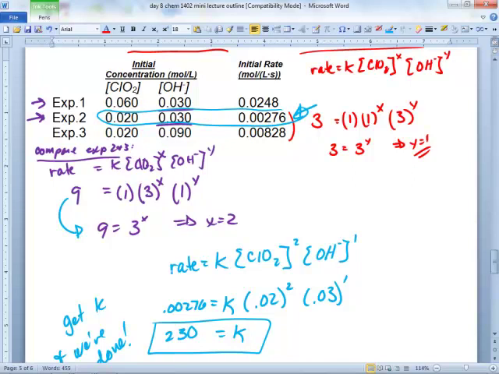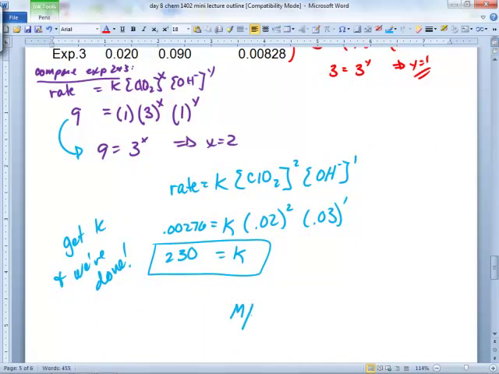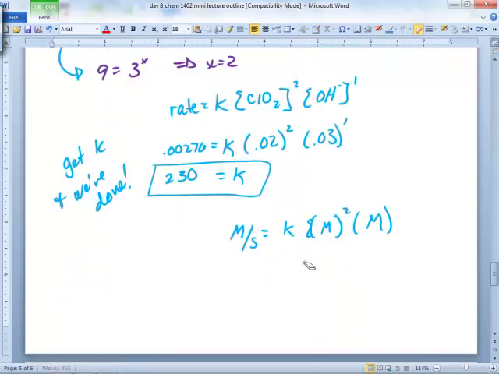The rate has to be moles per second, has to equal K, and then you have big M squared, and you have big M. So my K units, I'm not really worried about units on the quizzes and things, but just for fun's sake, it would be big M all over the squared and the M. You have the seconds down there. Boom, boom. My K is going to be 1 over M squared S.